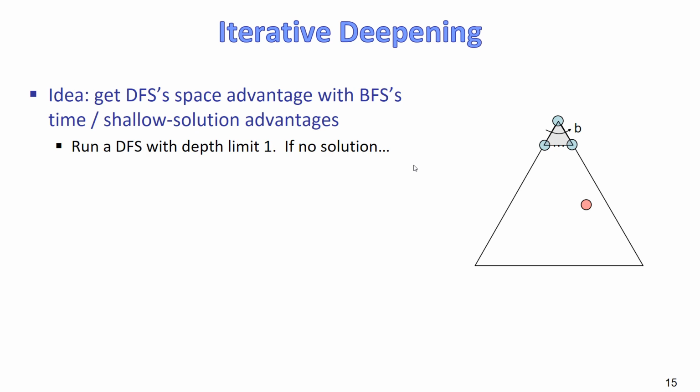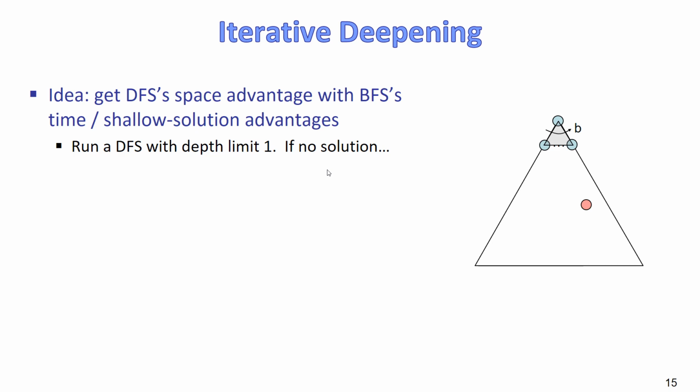In the first iteration, we will run DFS, because DFS needs less memory, but with depth 1. So we will limit the search tree to depth 1. That means we will not expand beyond tier 1. We will assume that nodes at tier 1 have no children, and then see if we found a solution. If so, we are done.